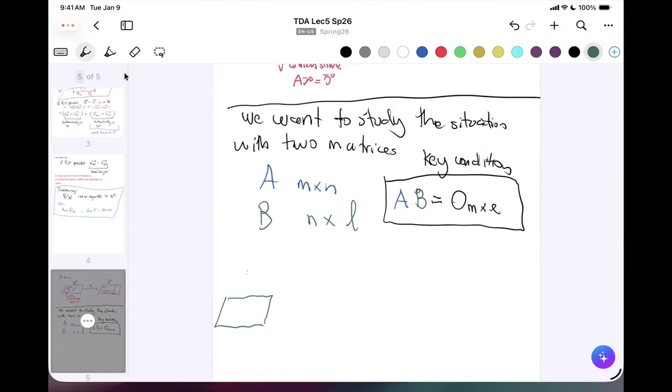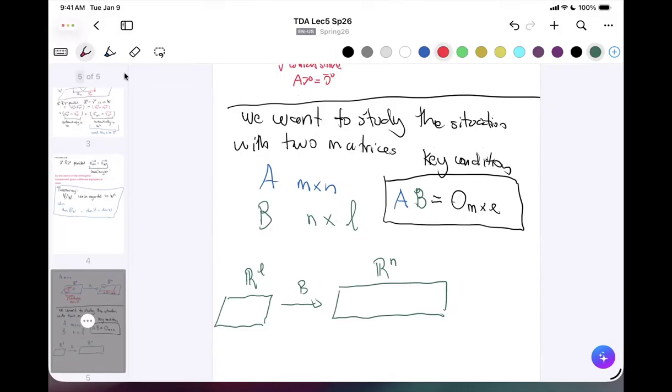So again, B goes from R^l into R^n. And then A goes from R^n into R^m. A, let's put this in red actually.